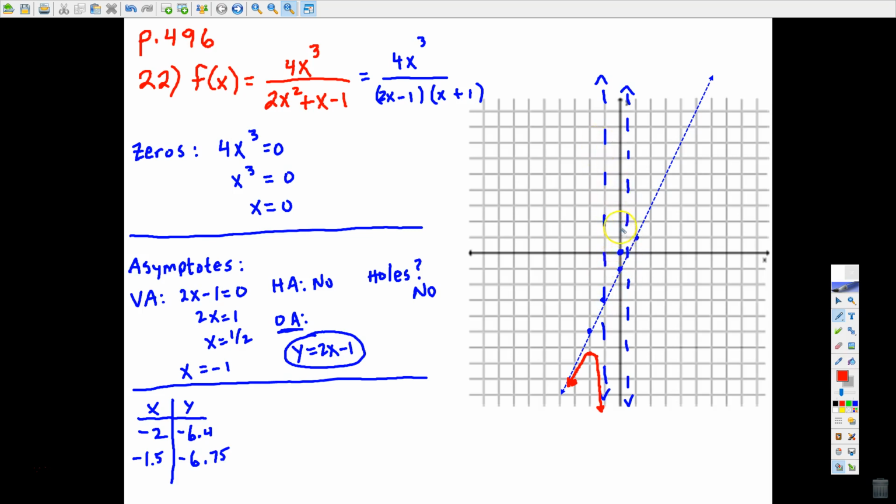But as I said, in this particular case, in order to be able to follow along this vertical asymptote forever, I'm going to have to pass through this point, either coming from this side or coming from this side. And now we're about to find out which way it goes.